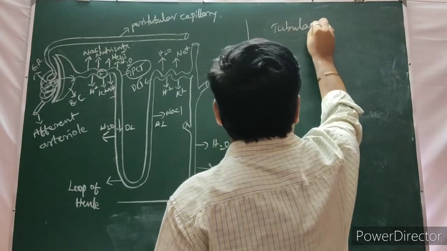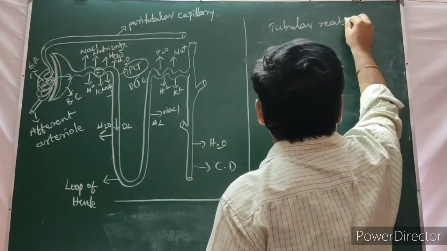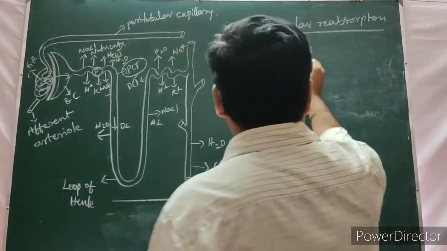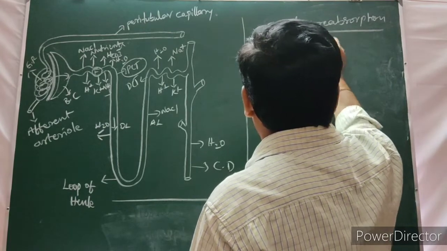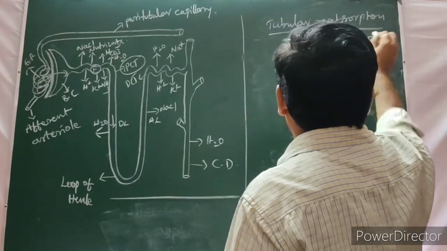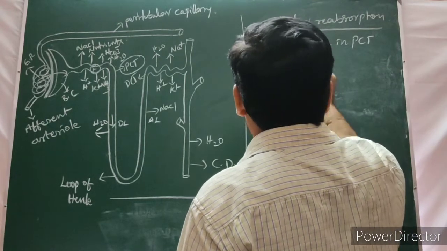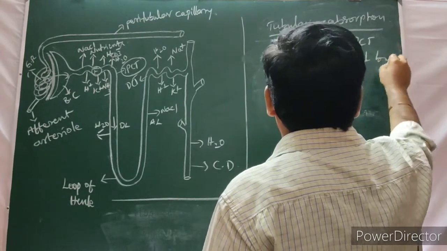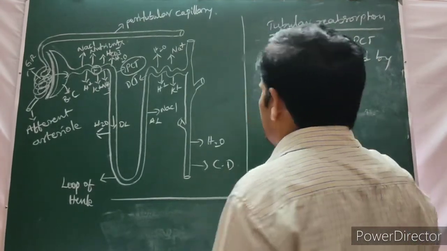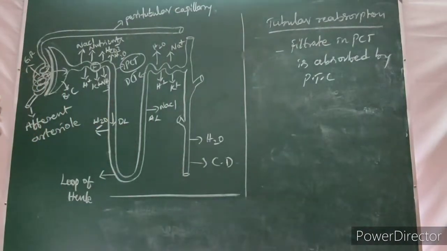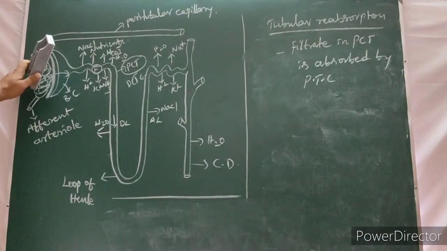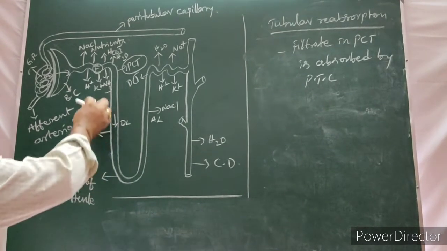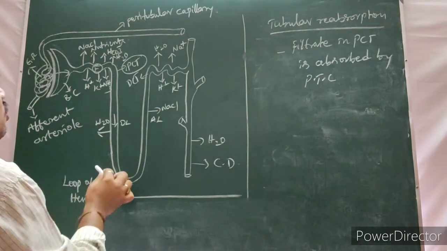Under the tubular reabsorption, what happened? Filtrate in PCT is absorbed by peritubular capillary. What is a peritubular capillary? The efferent arteriole is subdivided and forms capillaries, which surround the whole renal tubule.